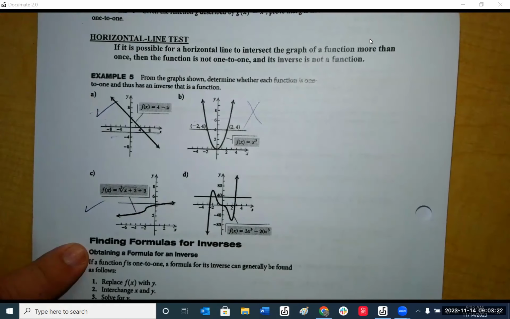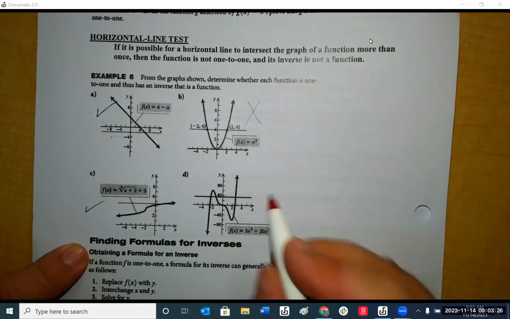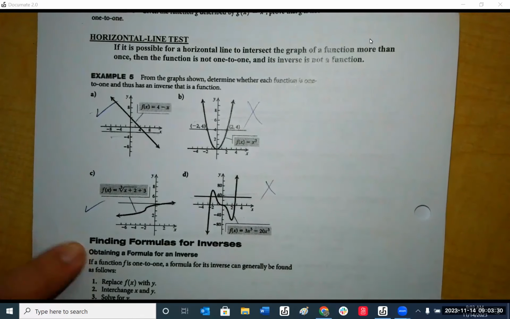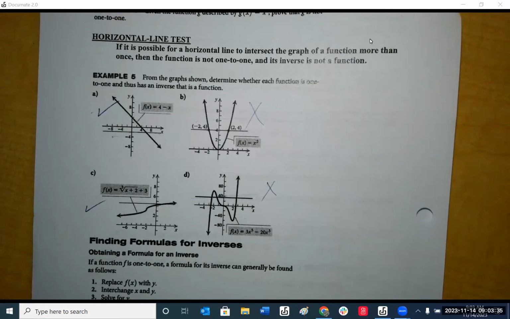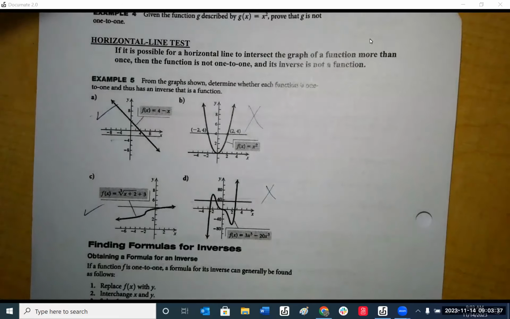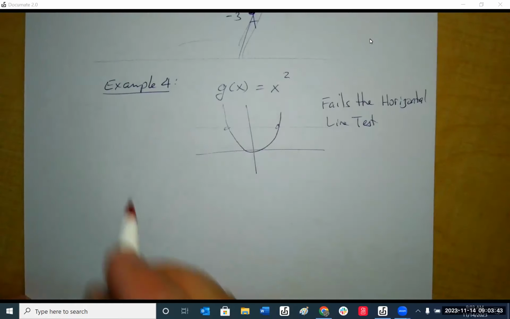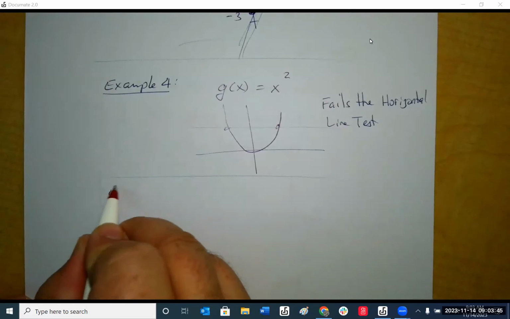Yes. And D? It fails the horizontal line test. So it's not a function. It's not 1-to-1. All right, so that was example 5.